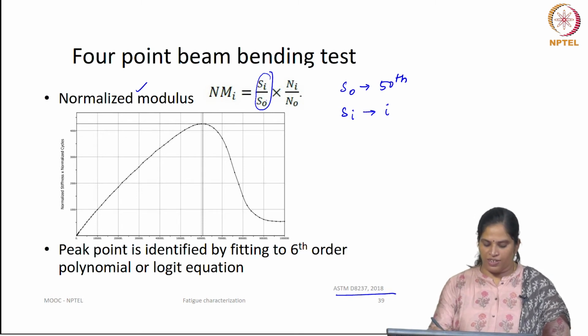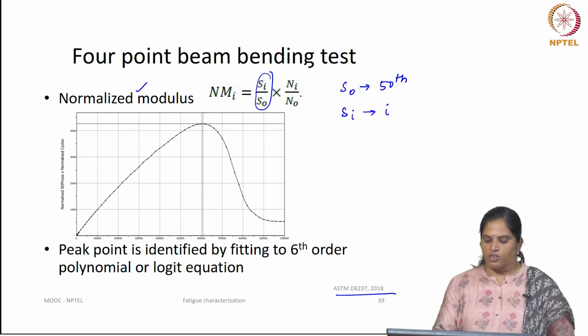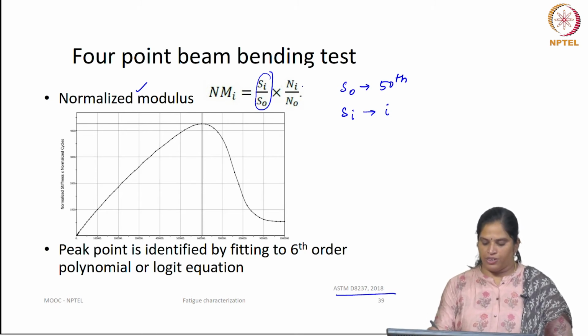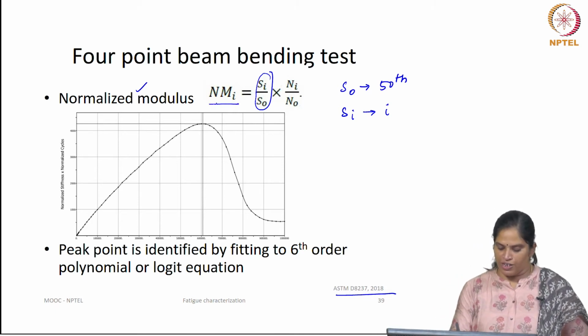So, you normalize the value with respect to the initial stiffness, and multiply by the product of Ni by N0. If you do this, we call this a normalized modulus.